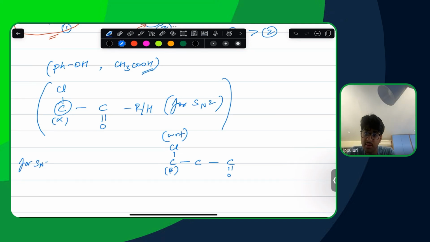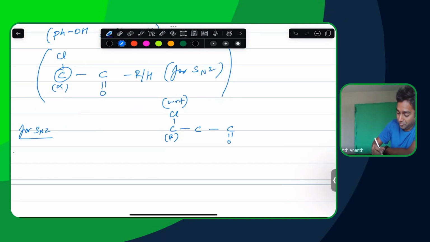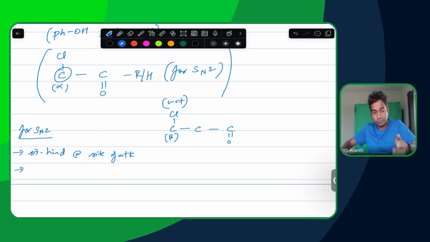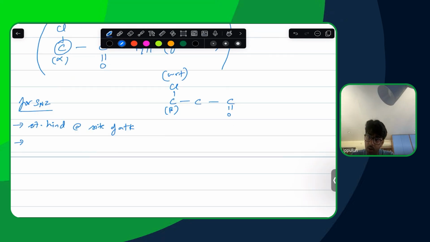The steric hindrance. Good. Let's put it as steric hindrance at the site of attack. Okay, what else? Sir, electron density at the site.